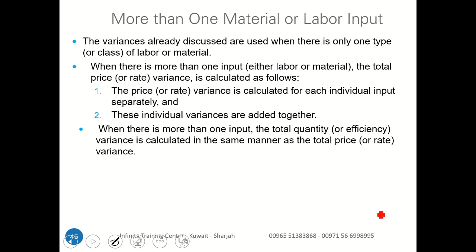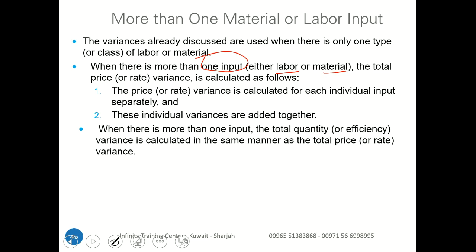So when there is more than one input, whether labor or material, how will you calculate the total price variance? It is simple. You have to do the same thing that we have done, but you will do this multiple times. For every raw material you will do the price variance, and for every raw material you will do the quantity variance.